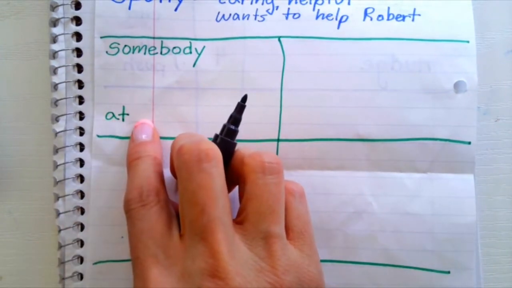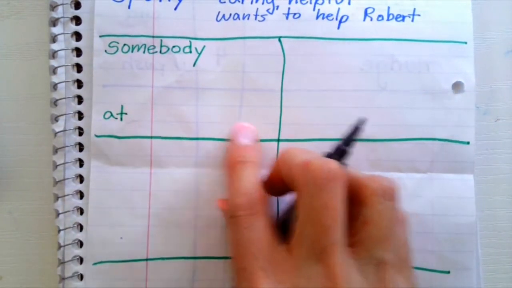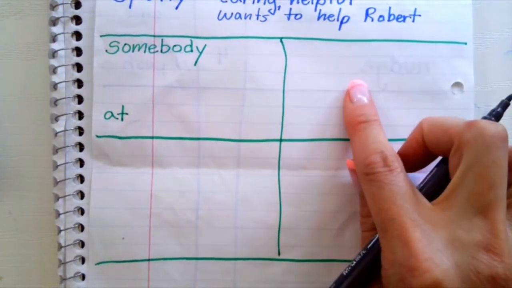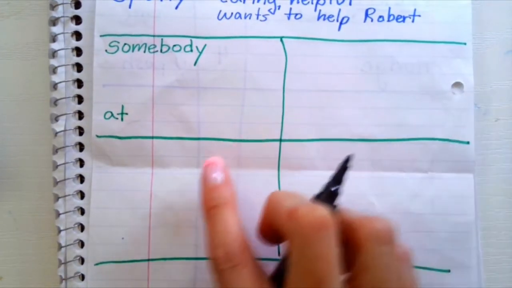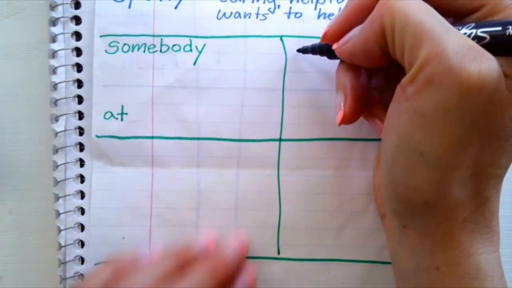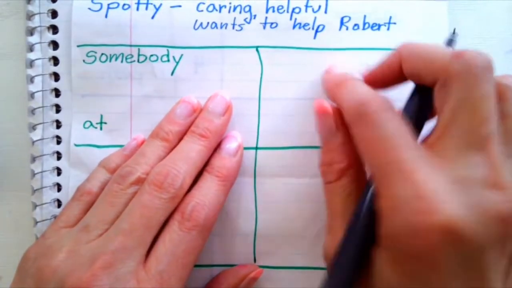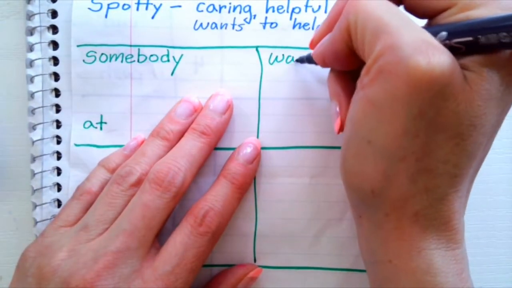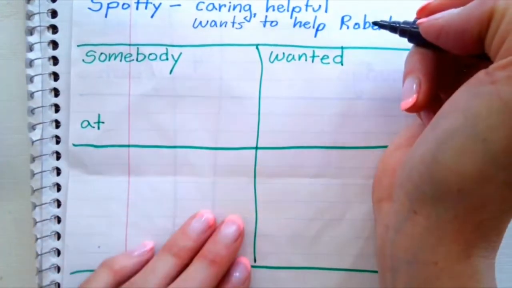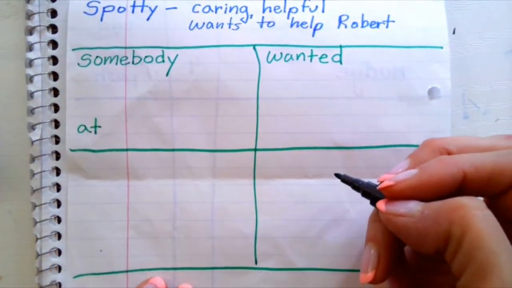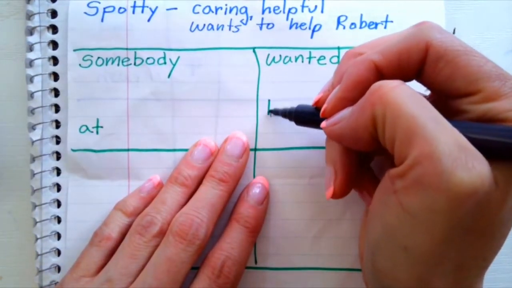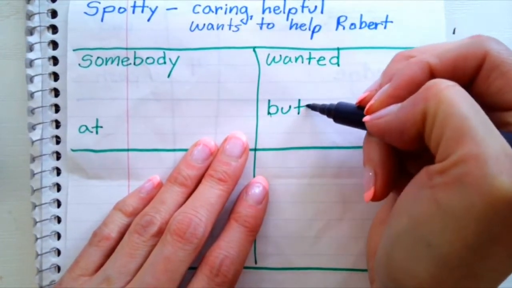And at is going to be where the story is happening, the setting. This is where we put the character and setting. In this square, we're going to start writing about the plot or what happened. Put the word wanted up here in this corner. And then down in the middle, we're going to write the word but, B-U-T.